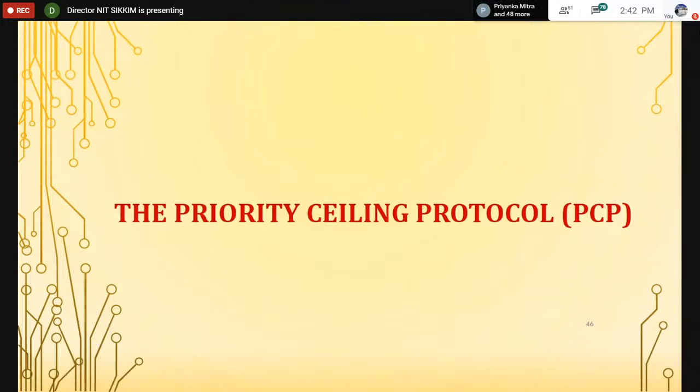So the priority ceiling protocol, I said yesterday, is designed for this. We'll see how this is important for real-time systems. This is another application of formal verification, where it provides insight into why the deductive method of verification, as a part of formal verification, is important.